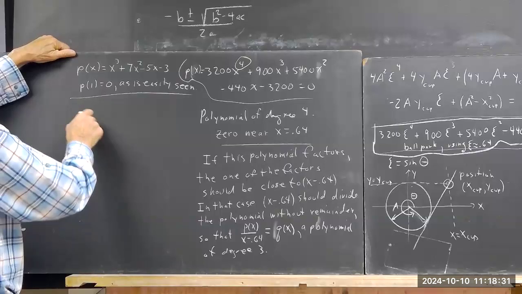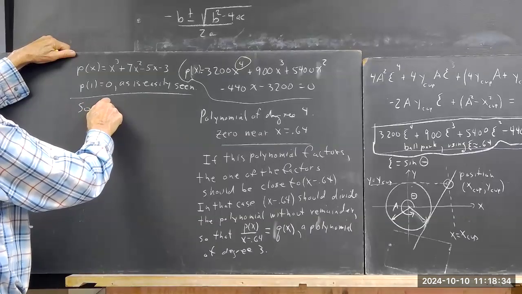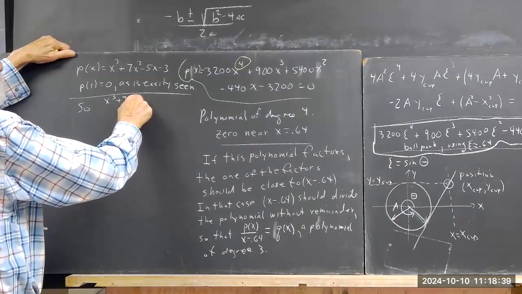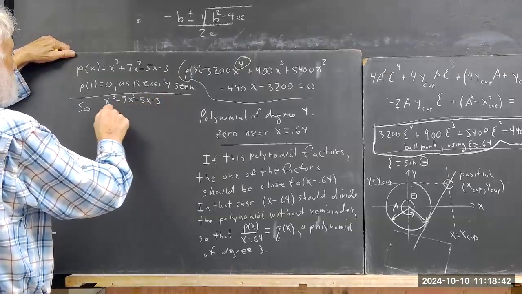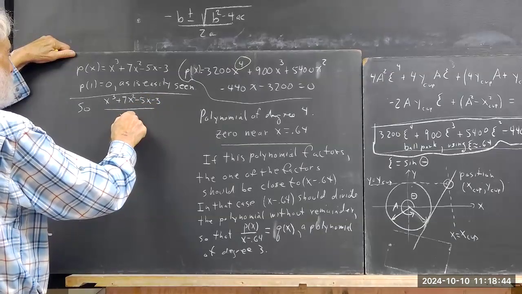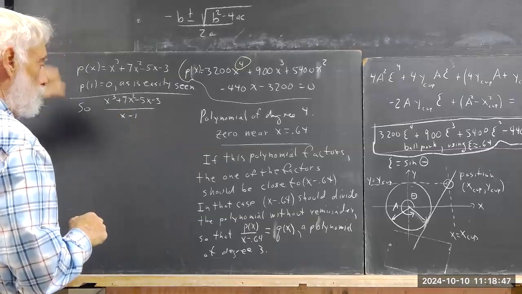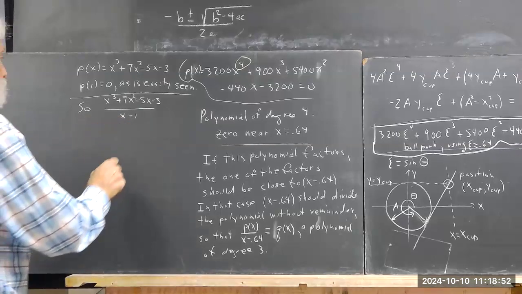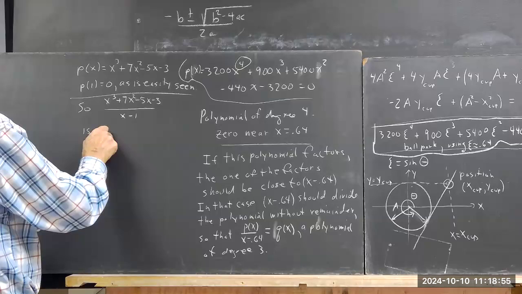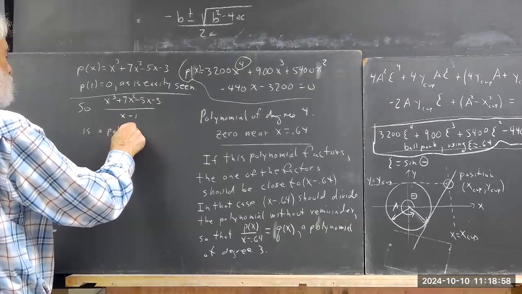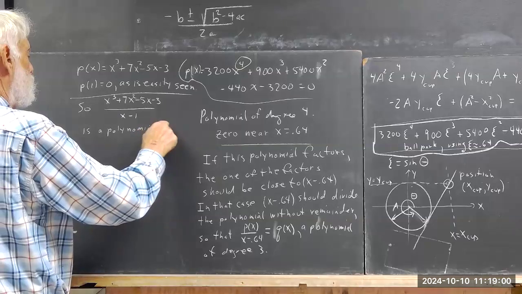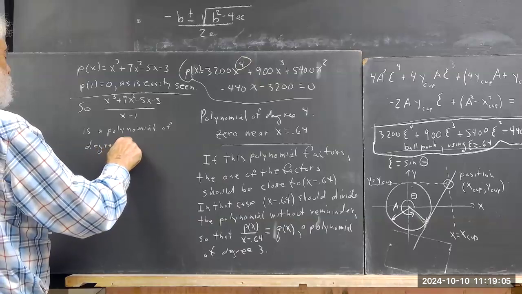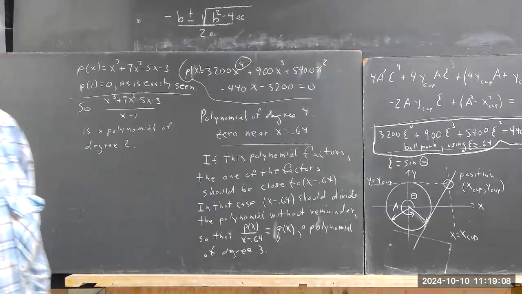That means that this polynomial is divisible by x minus 1. That would be a polynomial of degree 2.